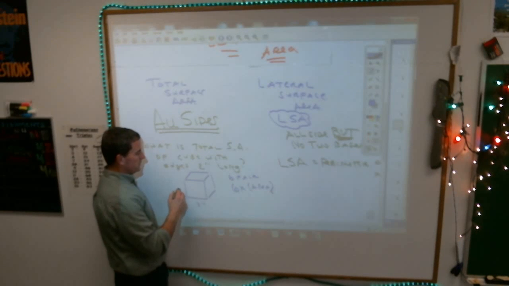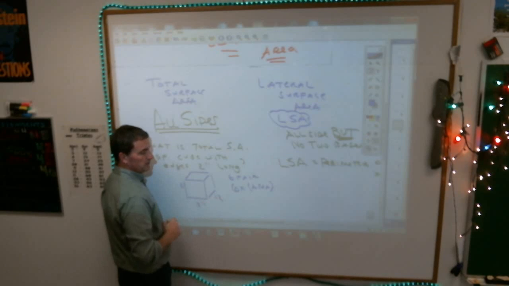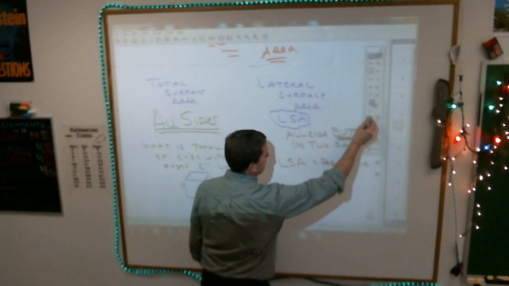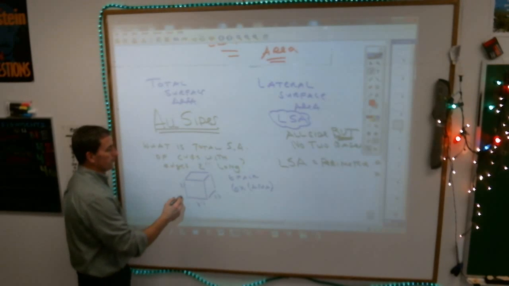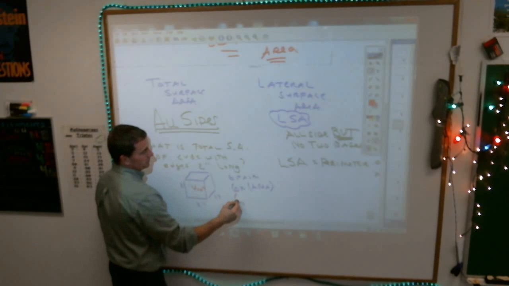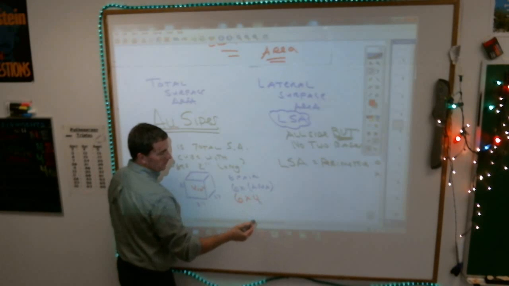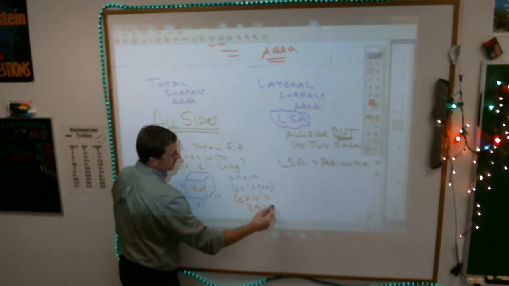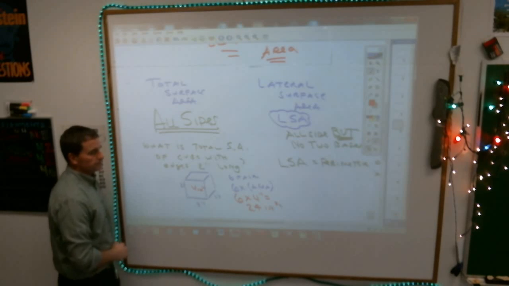And what is the area of each face if everything is 2 inches? What's 2 times 2, ladies and gentlemen? 4 inches squared, and you have 6 of them, so it's 6 times 4. Your total surface area is going to be 24. Make sure area is always in square units.